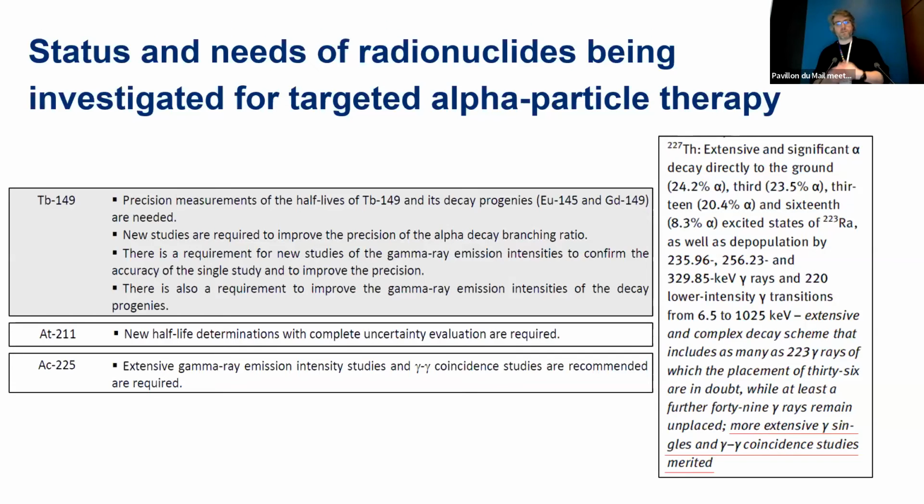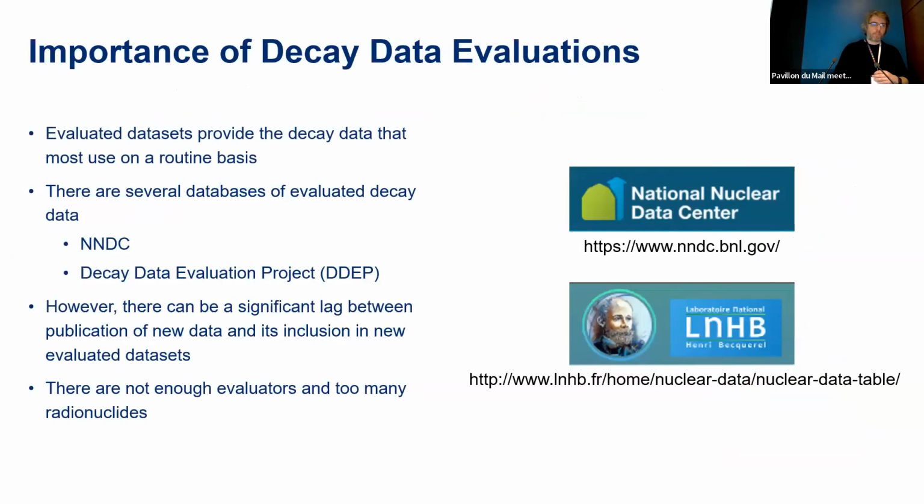And thorium-227: NPL has done some work to improve the data on that, and NIST will hopefully produce something soon. But the decay scheme also needs looking at again and tidying up, because there are a lot of unplaced and possibly misplaced gamma rays in it. Once you know your decay scheme well, you can calculate a lot of extra details, for example the alpha emission intensities.